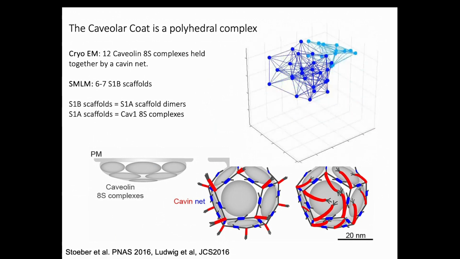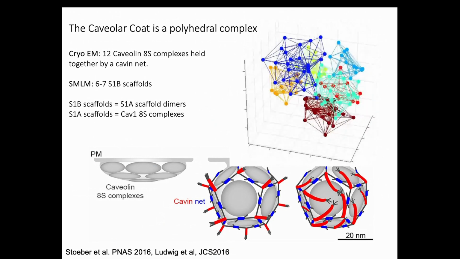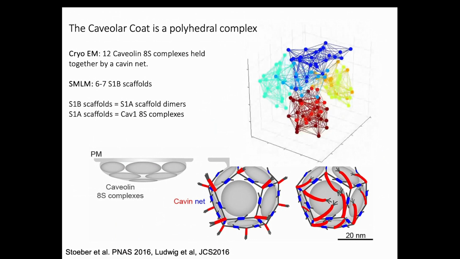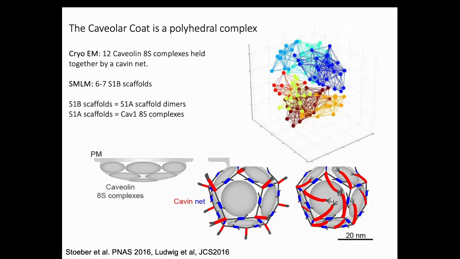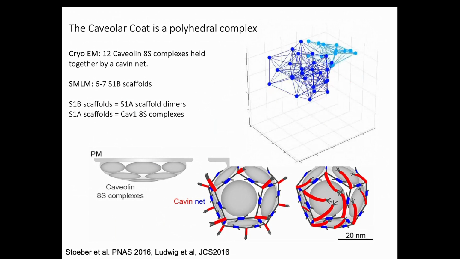S1B scaffolds, remember, are dimers of S1A scaffolds, so they're dimers of 8S complexes, suggesting that the caveolae we find have about 12 to 14 8S complexes or S1A scaffolds, suggesting a large degree of similarity between what we found using single molecule localization microscopy and supervised analysis and what was found by cryo-EM.